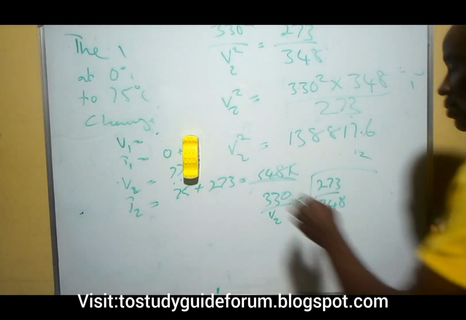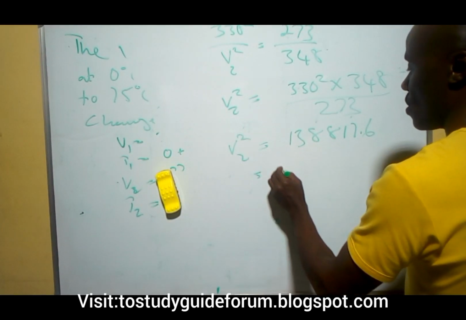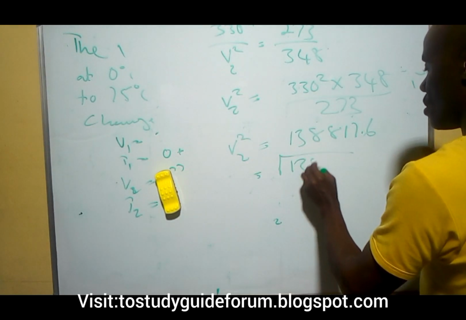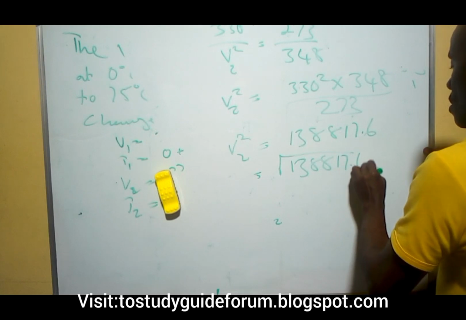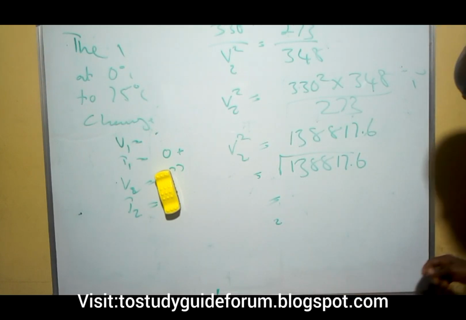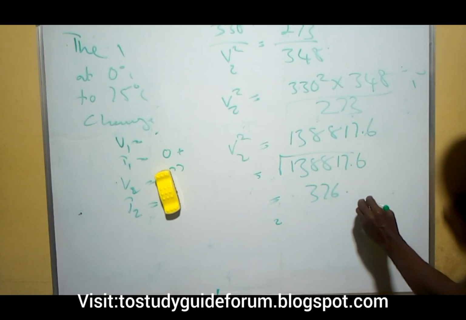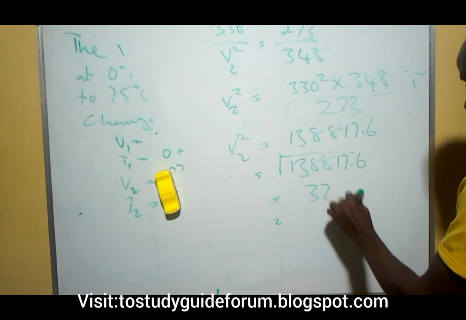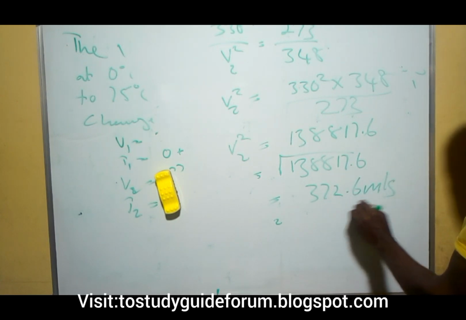So when we find the square root, we will square root this. The final answer will then be 372.6 meter per second.